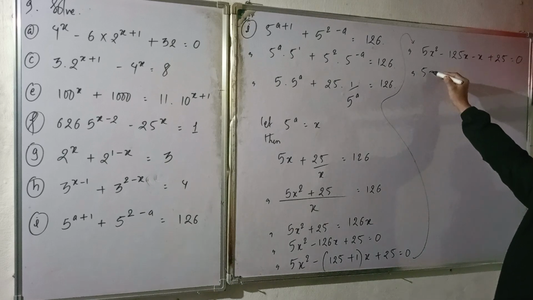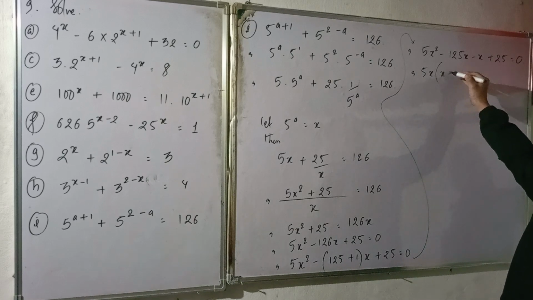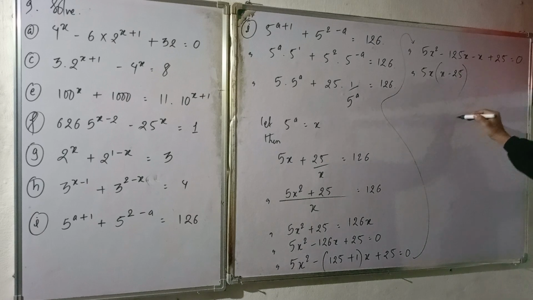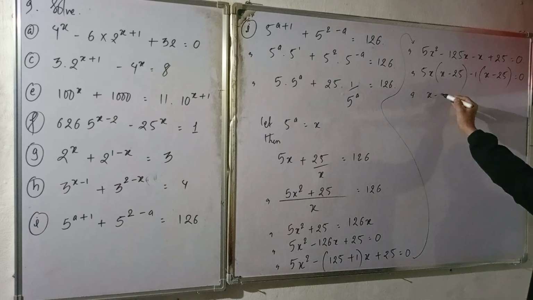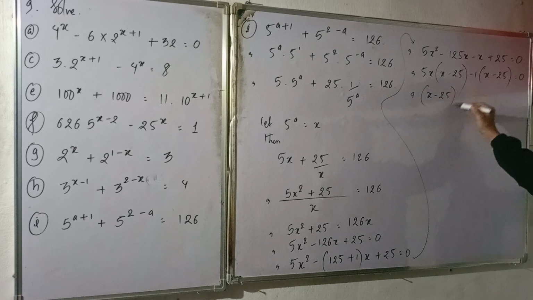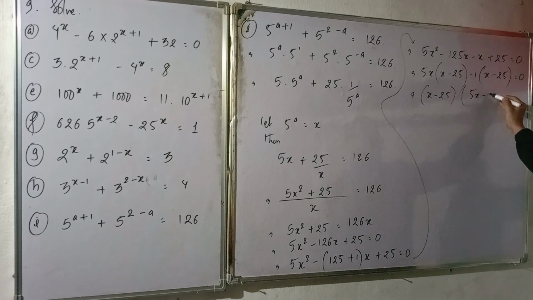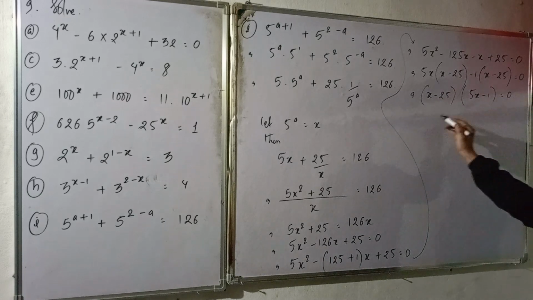Now just take here 5x common: x minus 25, and here nothing means minus 1 will be common: x minus 25 equals 0. Now here x minus 25 will be common, and remaining inside the bracket, that will be 5x minus 1 equals 0.